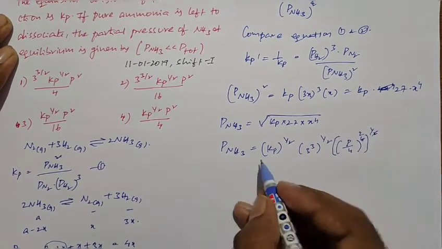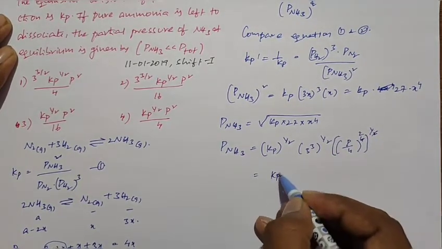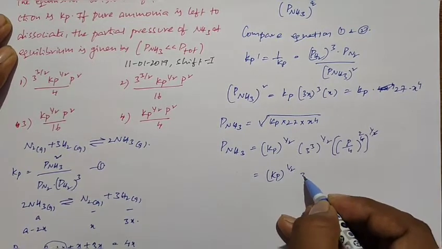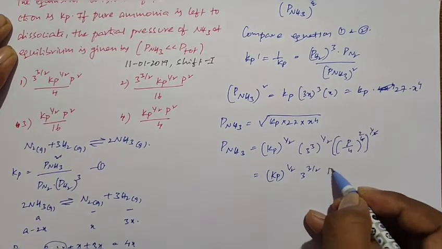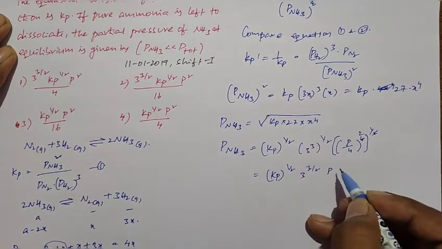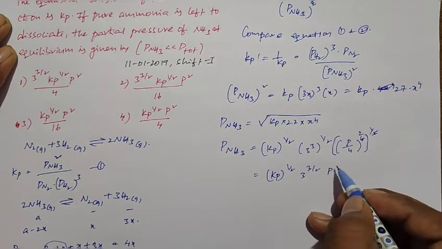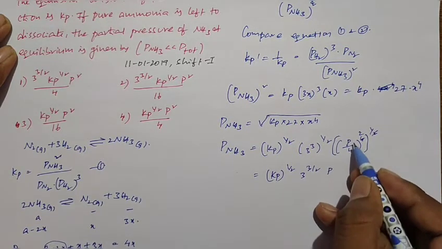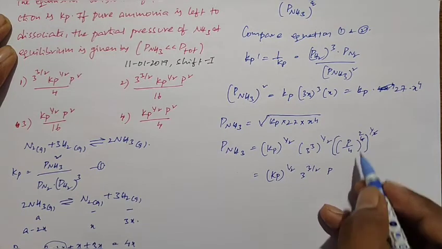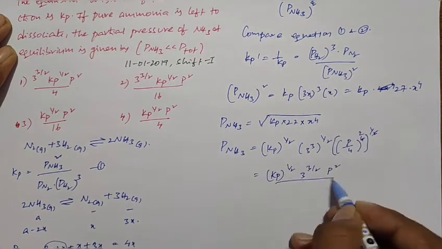After simplification, we get Kp power 1 by 2, 3 power 3 by 2, and if you split this, we get P by 4 whole square. If you split this, we get P square by 16.